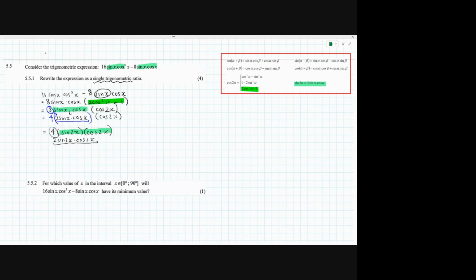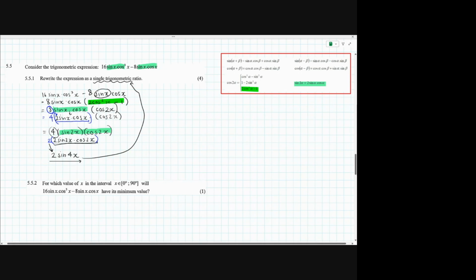So all that means is I would have 2 times that situation. And what is now going to happen is this whole double angle identity simplifies to sine of the double angle 4x. This is now a single trigonometric ratio. And then I still have my coefficient 2 here.